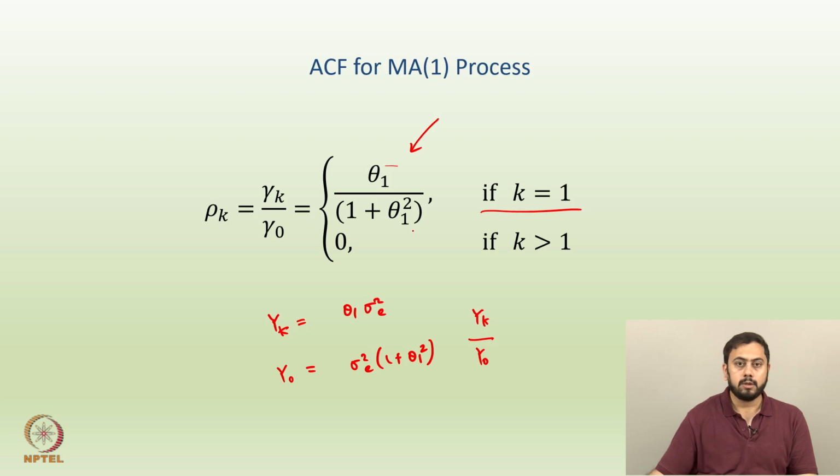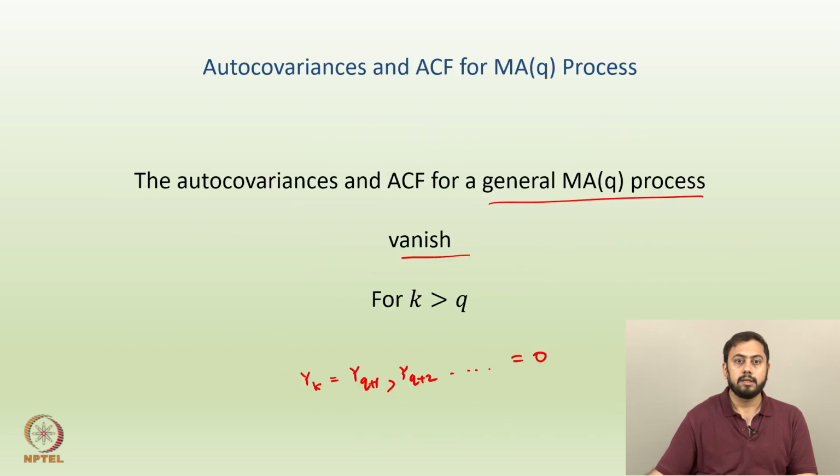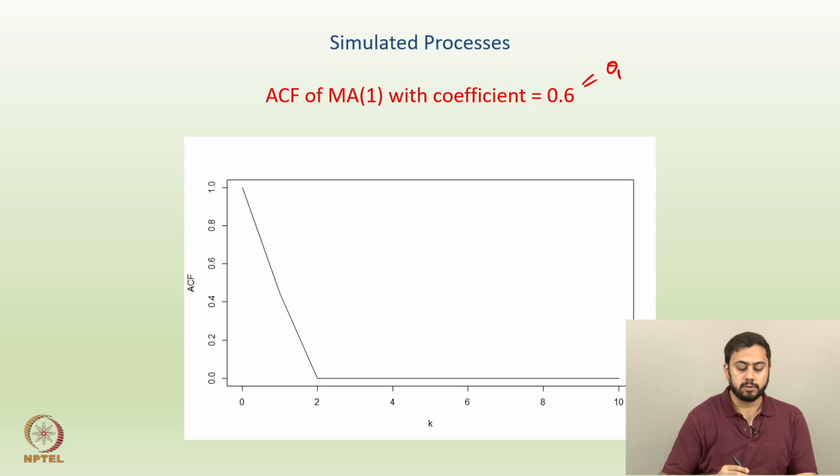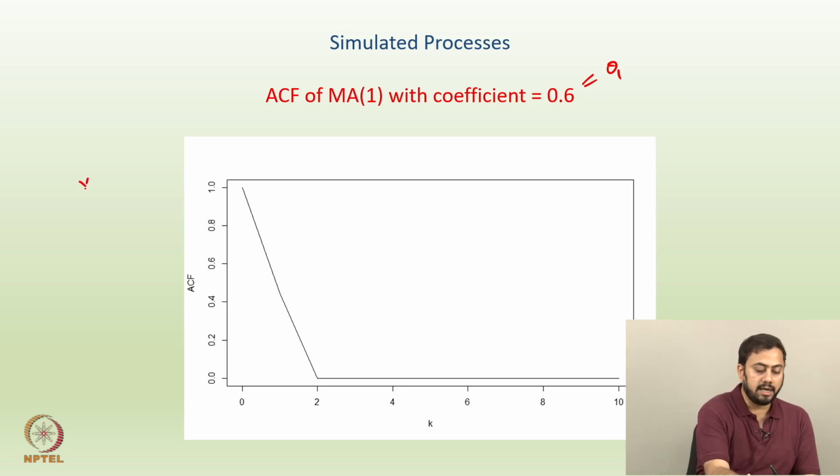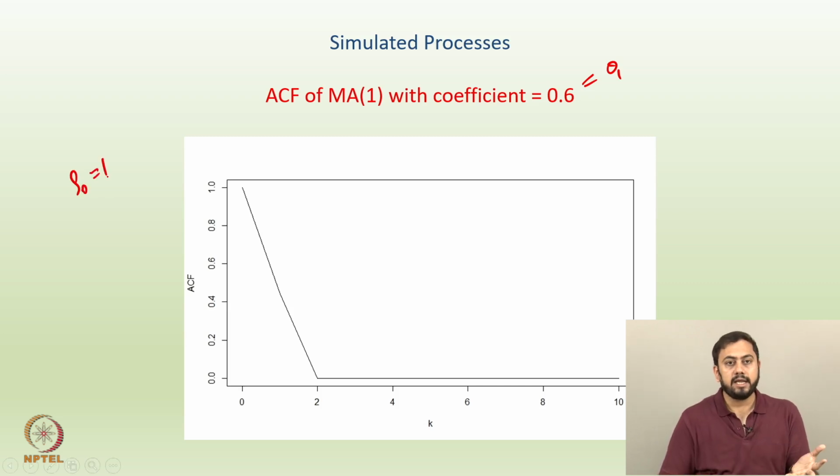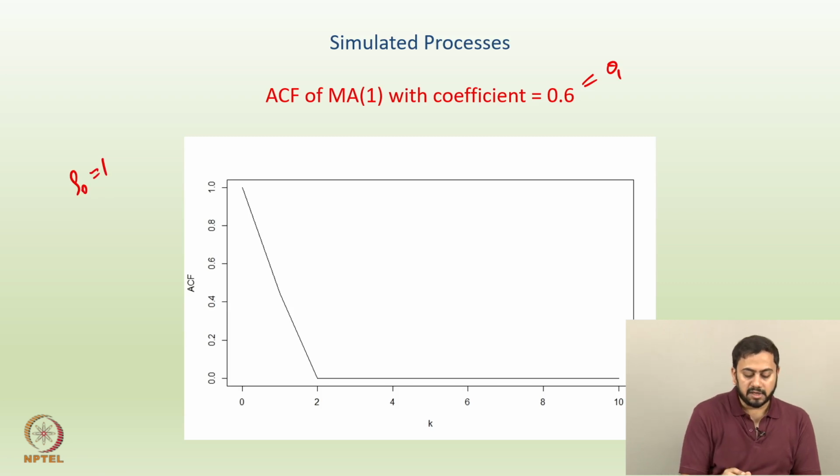Now if you go back to that graph, where do you see the first spike? At lag 0 the value is always 1, because the ACF at lag 0, rho 0, is the correlation between yt and yt itself, so it is always 1. For lag 1, the value is theta 1 divided by 1 plus theta 1 square, which is my rho 1.